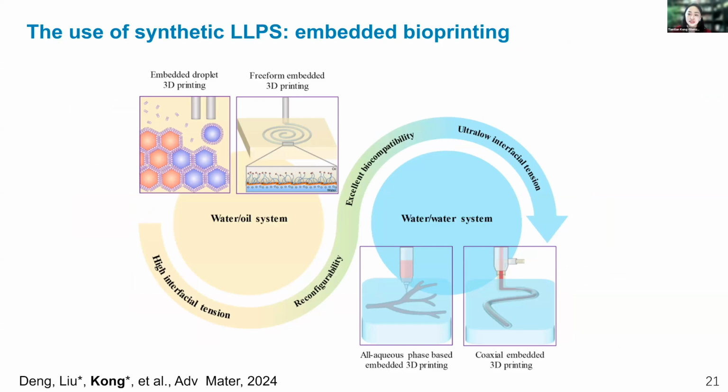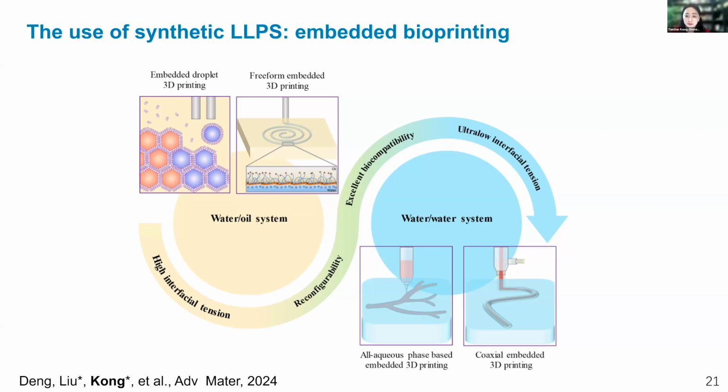So a lot of people are using suspension bioprinting or embedded bioprinting. We see that phase separated systems are very good for embedded bioprinting. Typically we use aqueous phase A as ink and aqueous phase B as matrix.